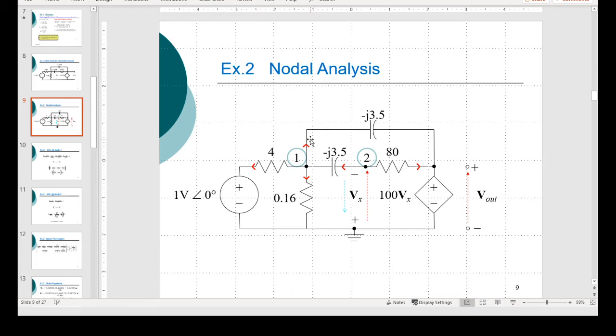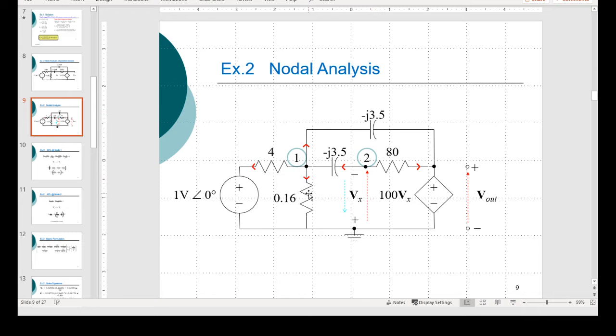The current for this branch here, because it's in that direction, it would be V1 less this voltage, which is this voltage, or Vout if you want. So it's that voltage minus 100 Vx, divided by that impedance.